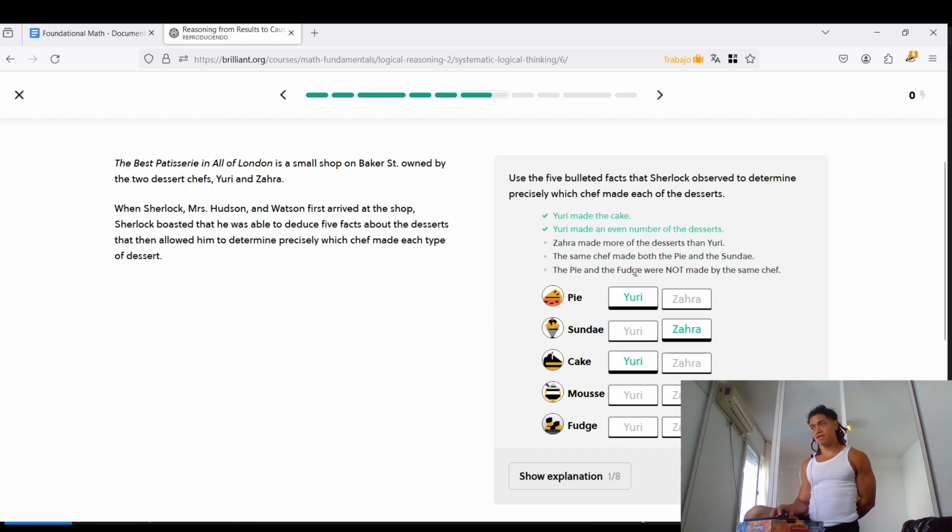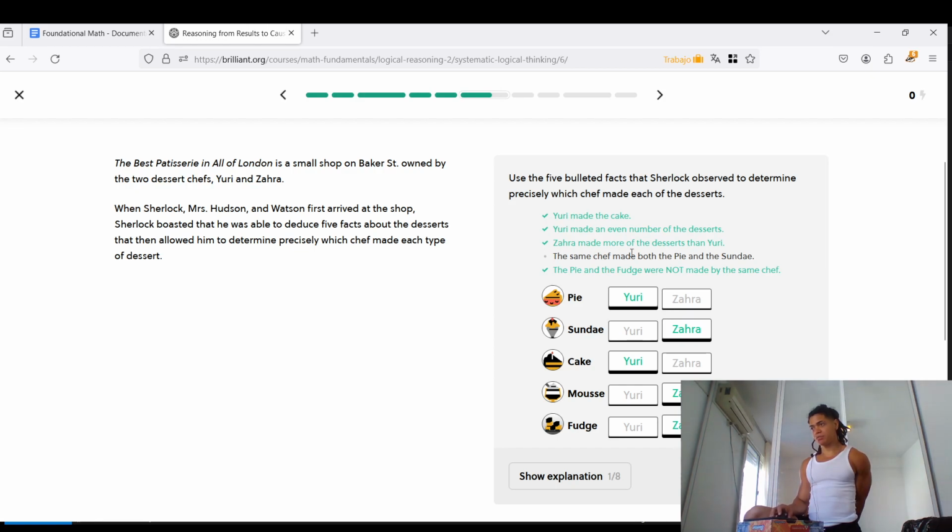But the pie and the fudge were not made by the same chef, leaving the mousse made by Sarah and fudge by Sarah.